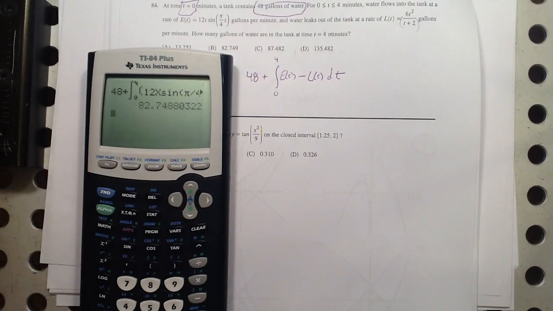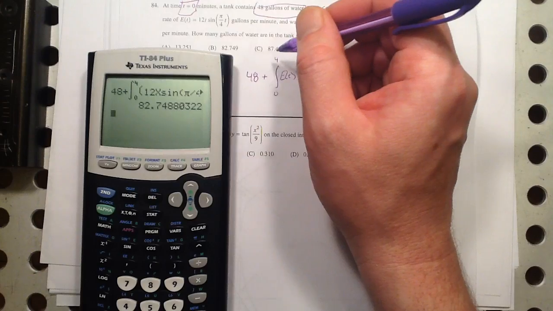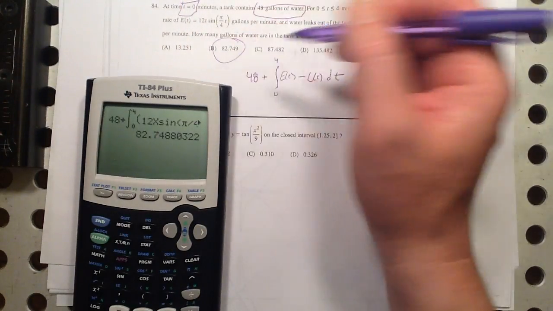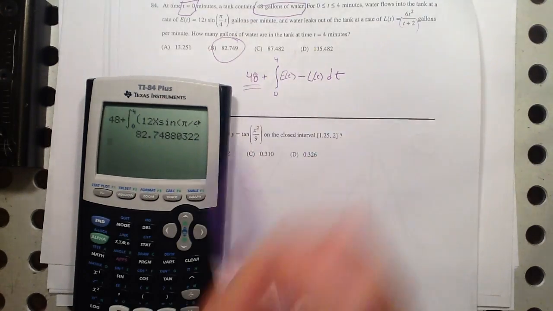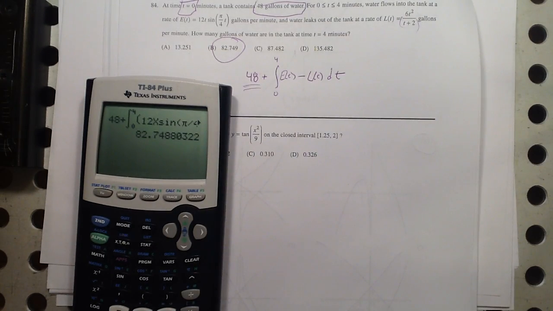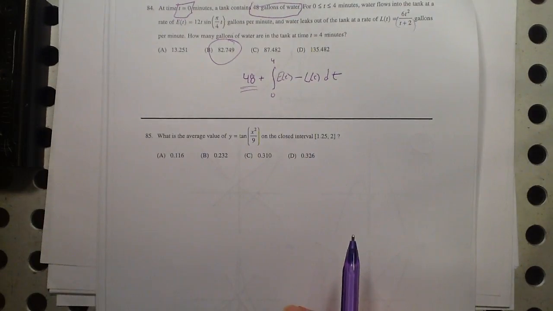That should do it. 82.749 looks like it. And they don't have the one that's 48 less than that. That surprises me that they don't. But they don't. So 84 is answer choice B.